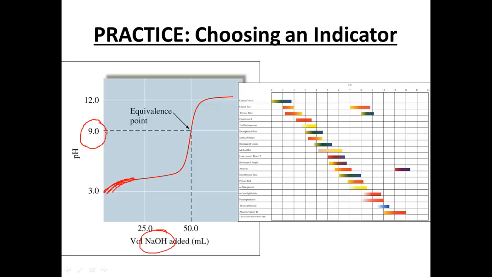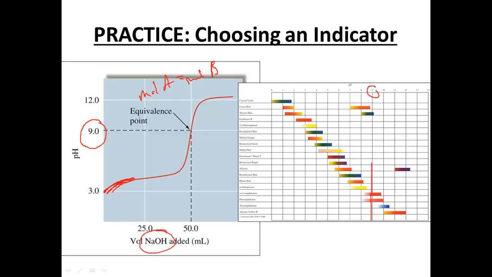So we want to pick an indicator that changes at a pH of 9. When we look over here at this chart, anything with a pH of 9 would be a good indicator. So we're looking at phenolphthalein, and we're looking at thymol or cresol. Those would be good indicators to choose for this titration because they would change colors when the endpoint is reached. Remember, the equivalence point is reached when the moles of the acid part equal the moles of the base part.